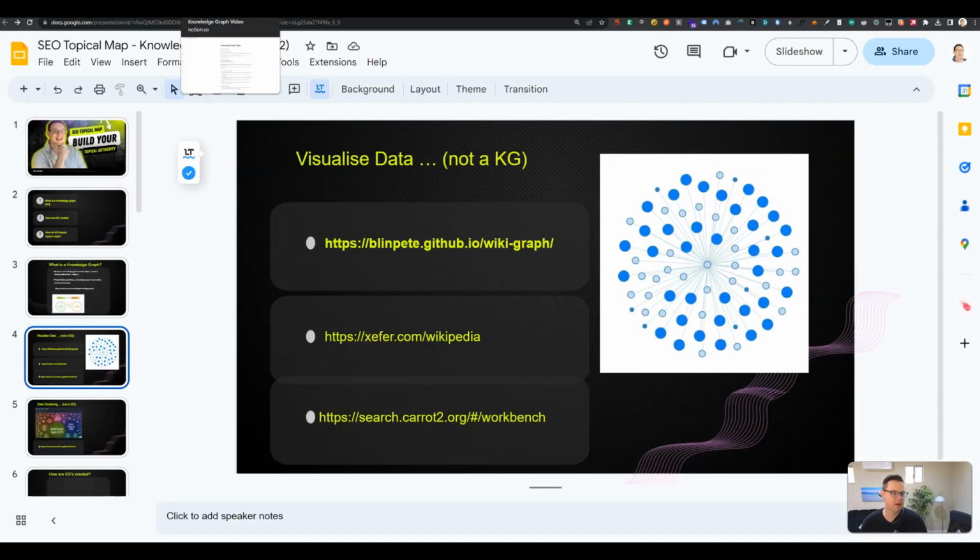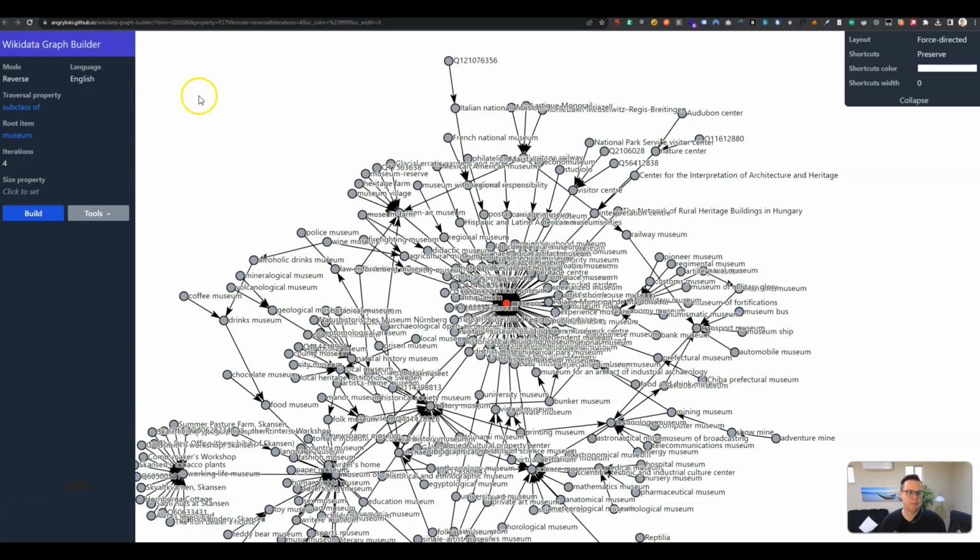There are some fantastic ways to actually visualize knowledge graphs. So you've got Wikidata, which can be visualized through this link here. It's the Angry Loki Wikidata Graph Builder. And you can see it traverses through specific properties of whatever Wikidata entry you're looking at.